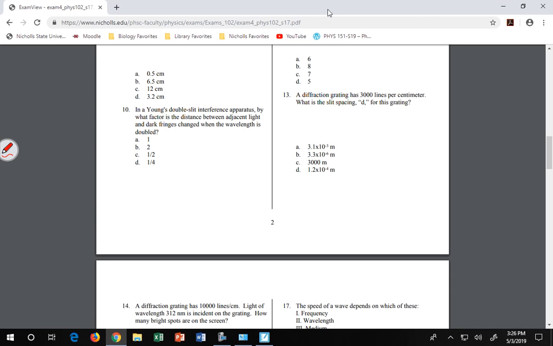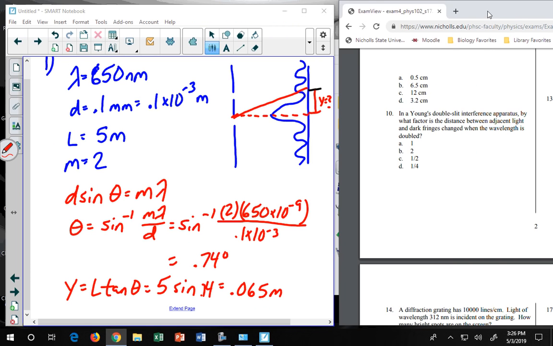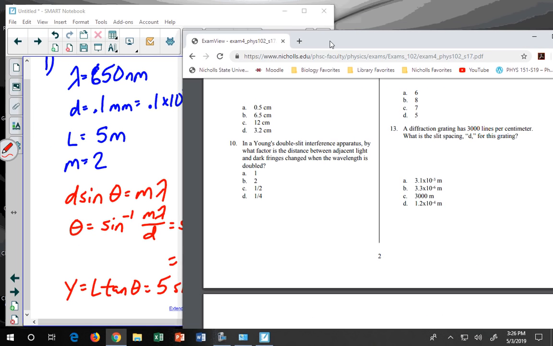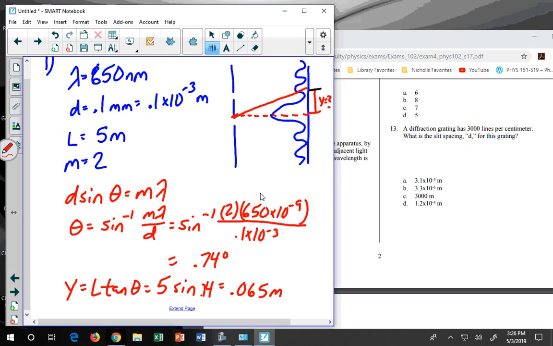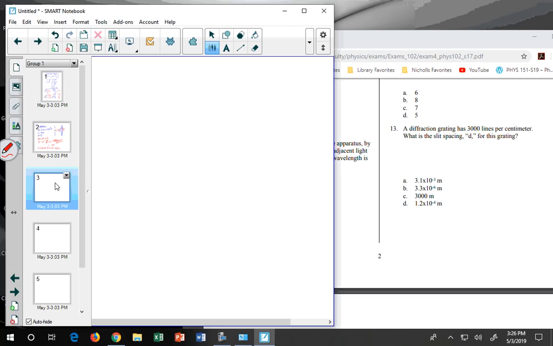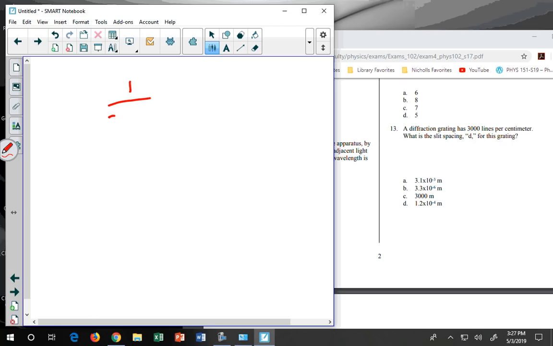Number 13, a diffraction grating is 3,000 lines per centimeter. What is the slit spacing? So in order to find that, I would say 1 over 3,000. That's going to be centimeters per line, right?